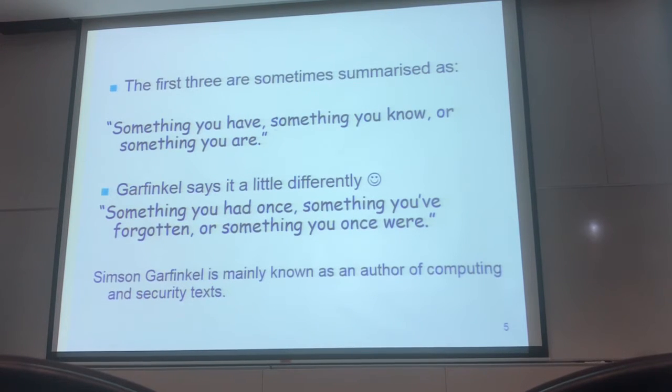Today we will mainly focus on something you know, so the password. Next class we will look at a combination of different factors: something you know, something you have, something you are, and we can have different combinations. We will look at some examples we use in reality for multi-factor authentication.